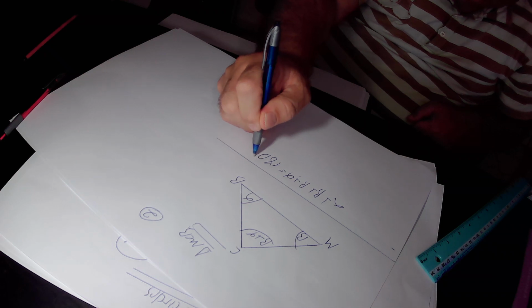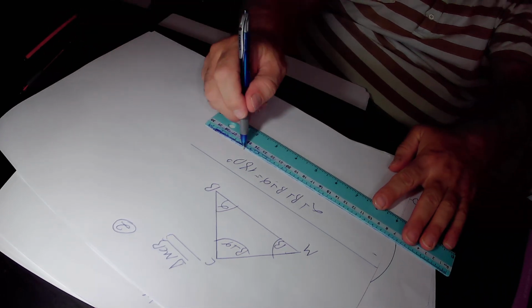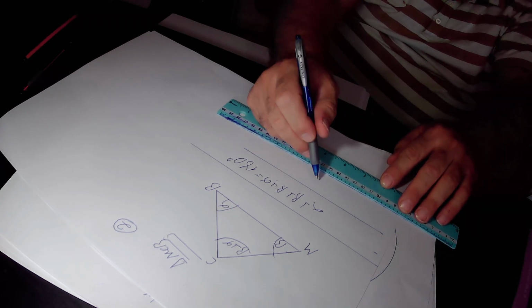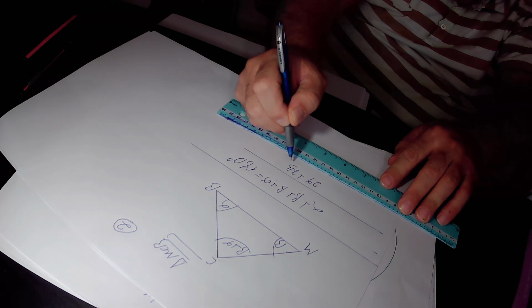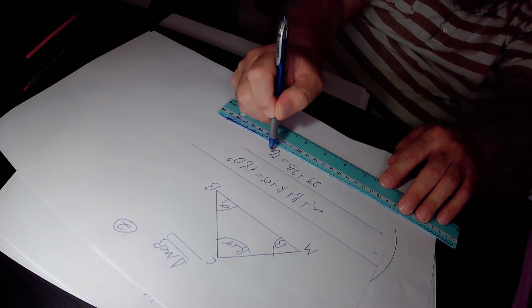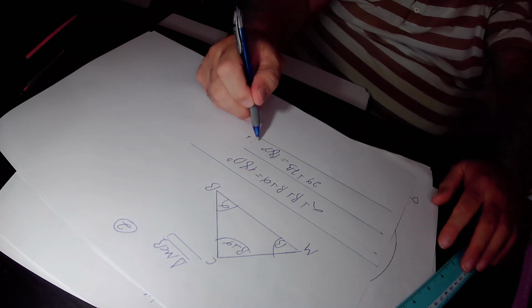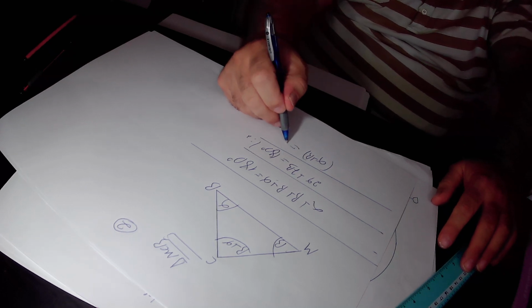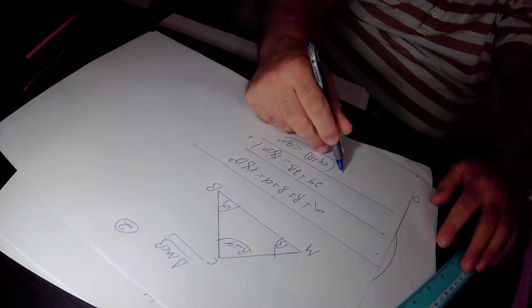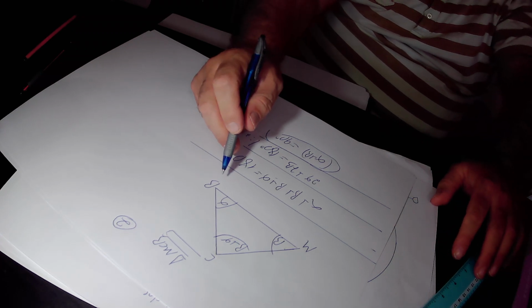So on this side of the equation, we have alpha plus alpha, that is 2 alpha, beta plus beta is 2 beta, so 2 alpha plus 2 beta equals 180 degrees. Here we divide this equation by 2, and finally we get that alpha plus beta equals 180 degrees over 2, which is 90 degrees. So we found out that the big angle MCB is equal to 90 degrees, so it is a right angle.